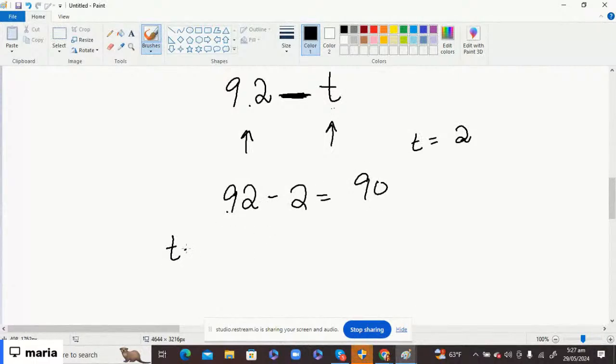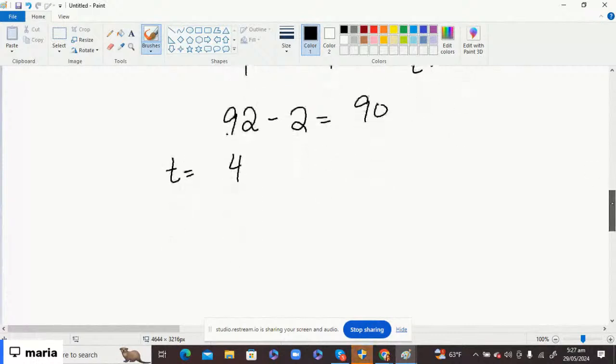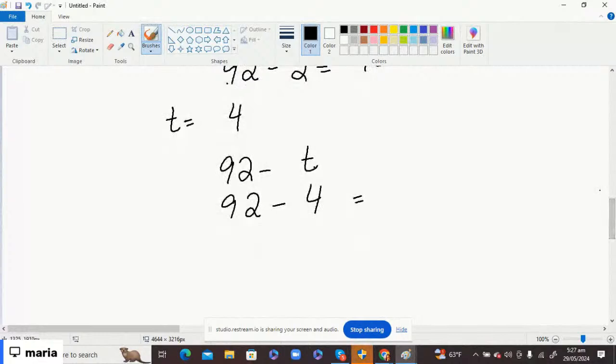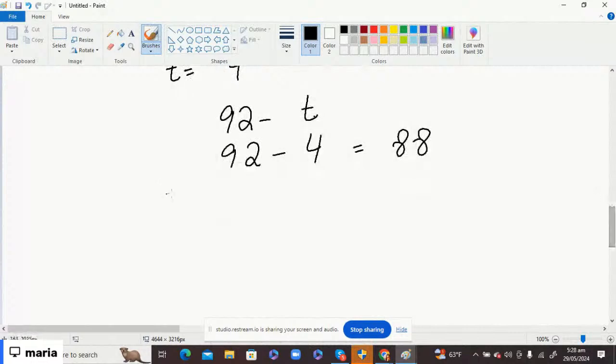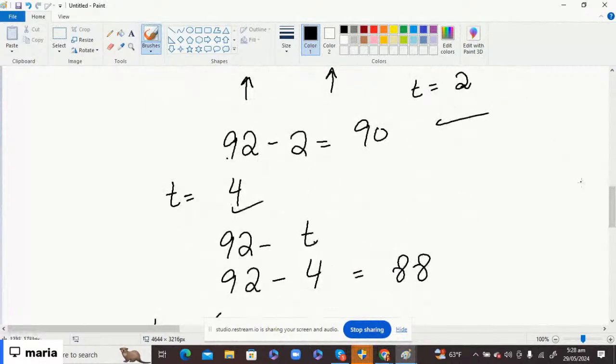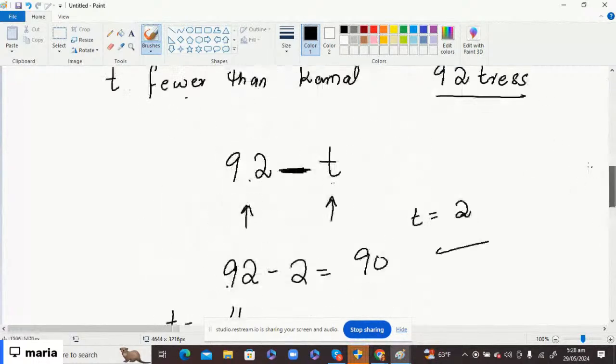If I say T is equal to 4, you put 4 in place of this T. So 92 minus 4. What is the answer? If I say T is equal to 6, you just put 6 here. In that way we move through all those numbers: T is 2, T is 4, T is 6. Just putting those values in place of T. That's it.